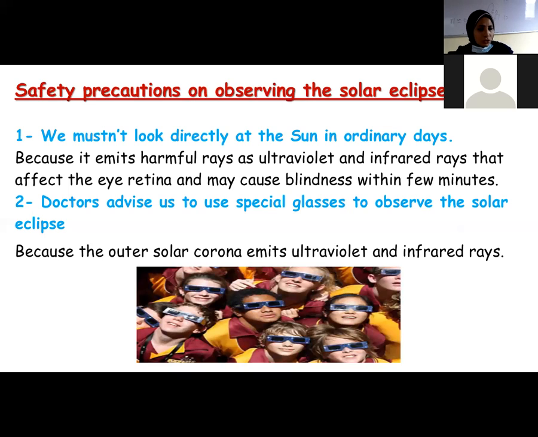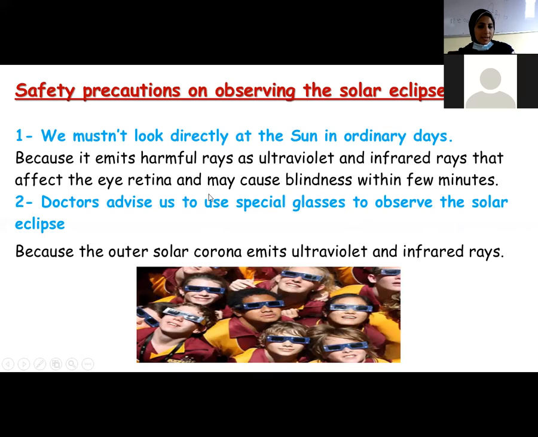So the doctors advise us to use special or protective glasses to observe the solar eclipse because the outer solar corona emits ultraviolet rays and infrared rays that affect the eye retina and may cause blindness.